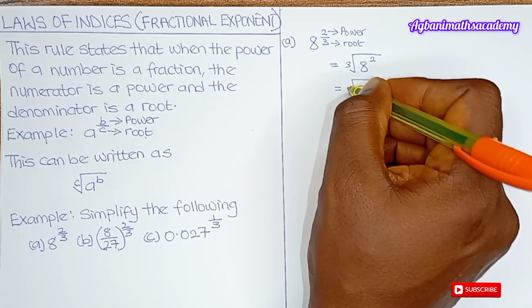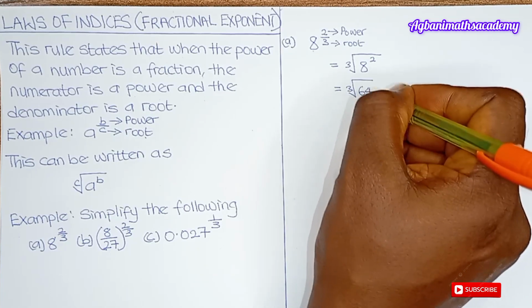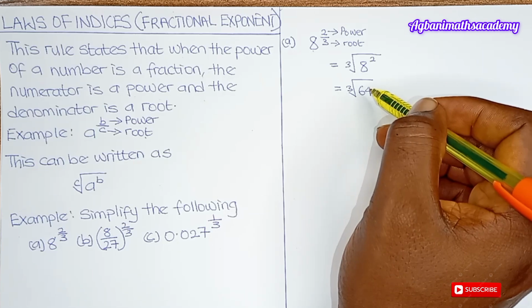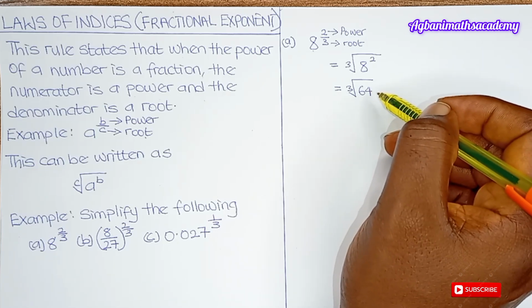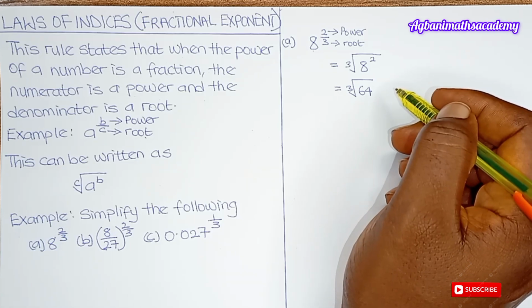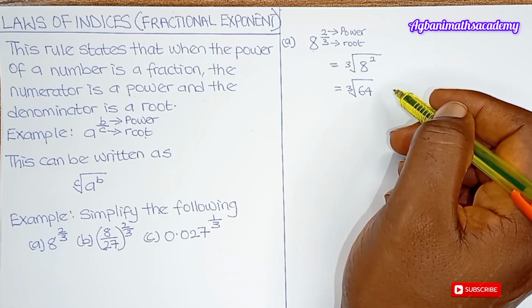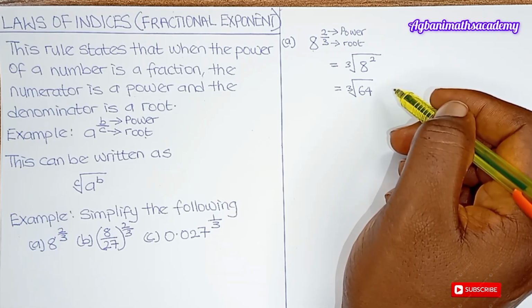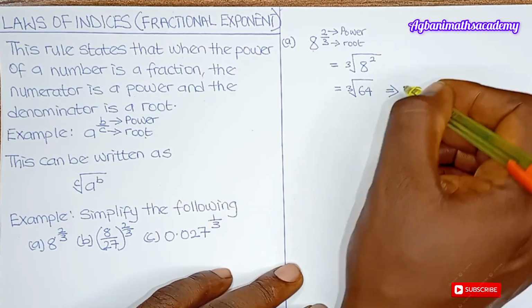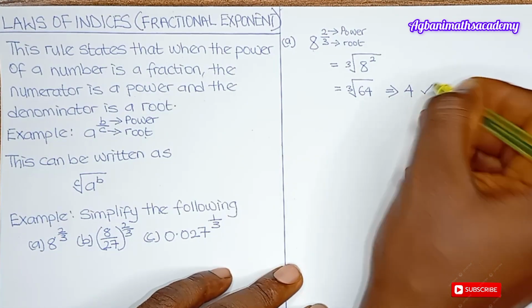So we have the cube root of 64. What is the cube root of 64? It is a number that will multiply itself 3 times to give you 64. And that number is 4, because 4 multiplied by 4 is 16, and 16 multiplied by 4 is 64. This means our final answer is 4.